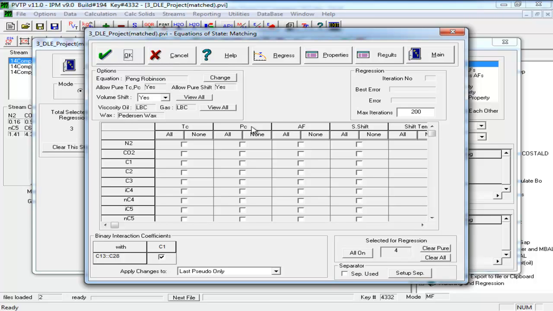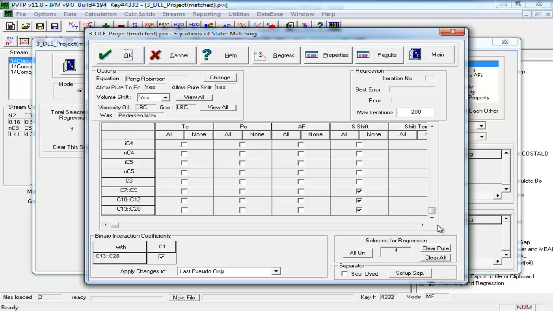So the second rule, use the fewest. My laptop hates me, I know that. So you have pseudo-components. The second rule says use as few as possible in a small range.